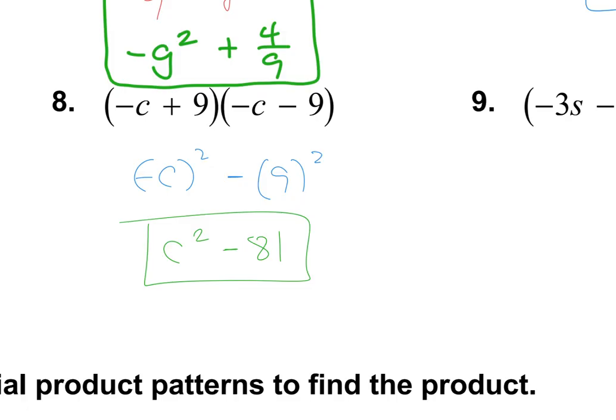Now, something interesting to point out is all of the other ones. So I mentioned, in a brief moment when we were learning this stuff, that this form right here can easily be factored.